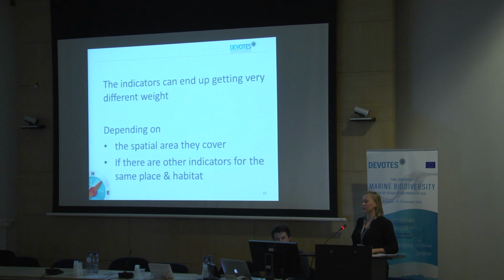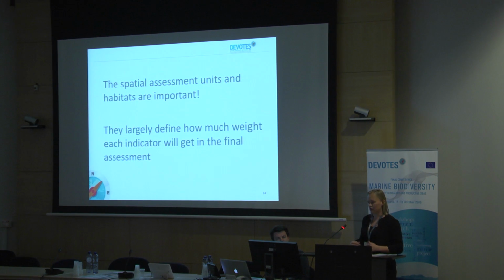One of the things we need to understand when we work with this tool is that the indicators end up having very different weight in the final assessment, depending on the geographical area you apply them to, the habitats they represent, and how many other indicators you have in the same area and the same habitats. So how you define the areas and the habitats is very important. It can have a huge effect on the results, so you need to be very careful about that.